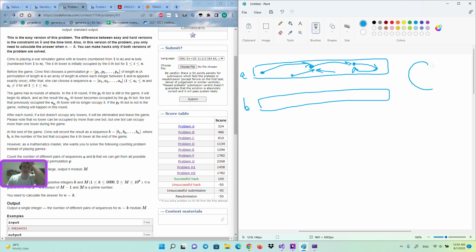So it's like several cycles and some trees come into this cycle. What's more, there is also an array B, the number of the pod that occupies the i-th tower at the end of the game. And we want to find out whether this pair is possible.